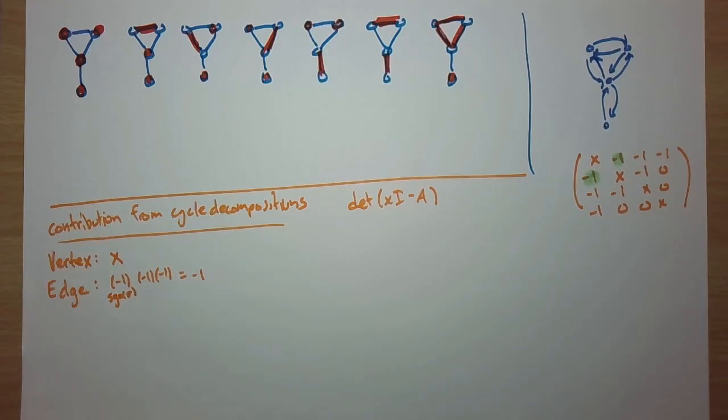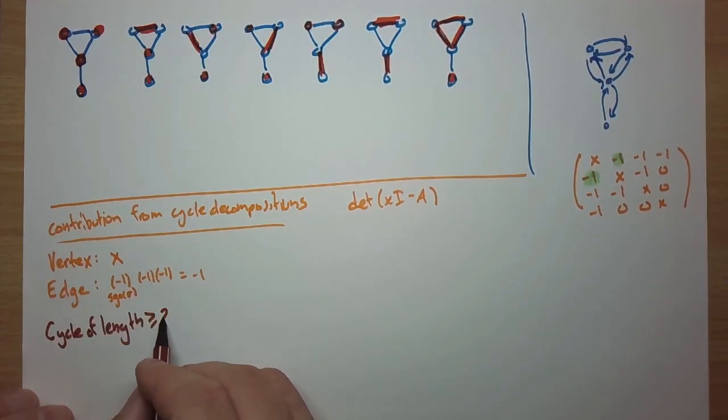X has a sign positive 1 because it's zero transpositions. All right. Now we're going to go with a cycle of length greater than or equal to 3. What's the contribution going to be?